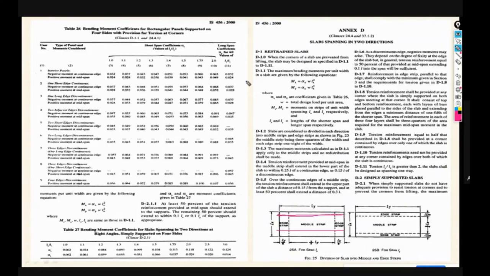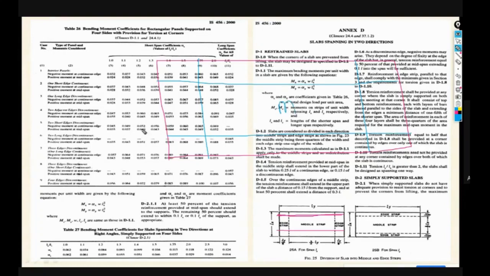Let's say this is our total slab, and in this direction the edge strip is like this.